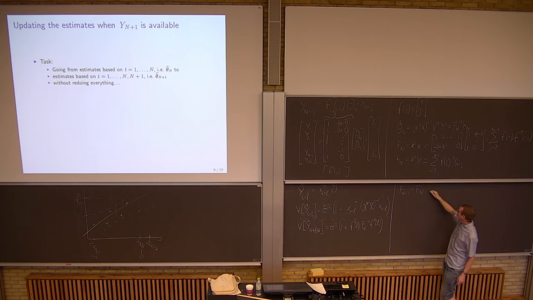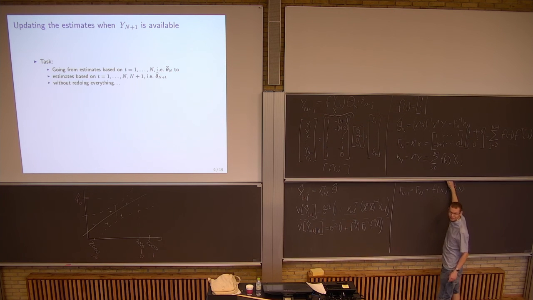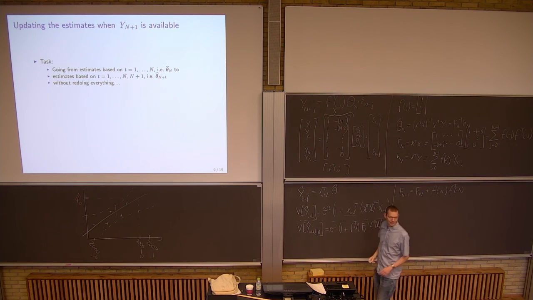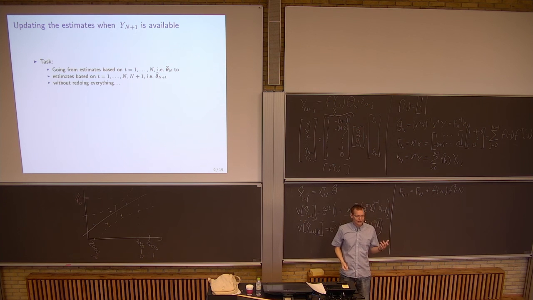So what you will get here is f of minus n, f of minus n transpose. The odd thing here is that it's the old one that you add. The reason is that now you got an older observation. You still have all the new observations there for the design matrix.